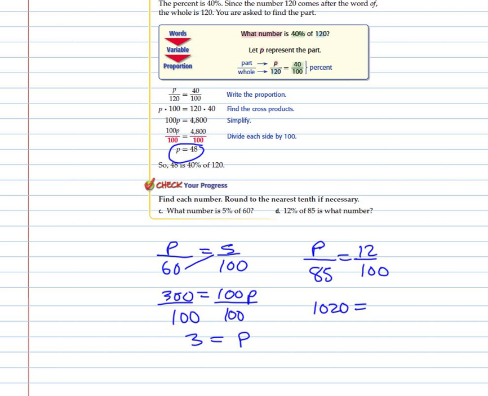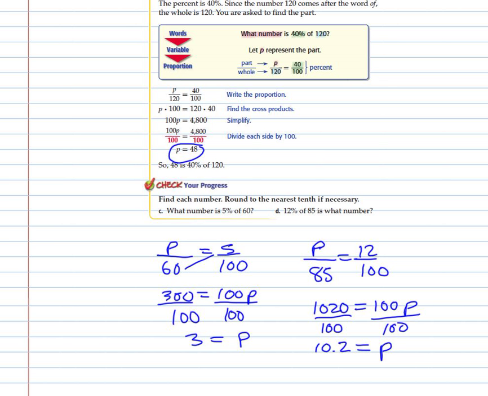Divide both sides of my equation by 100. And my answer is P equals 10.2. So 10.2 is 12% of 85.